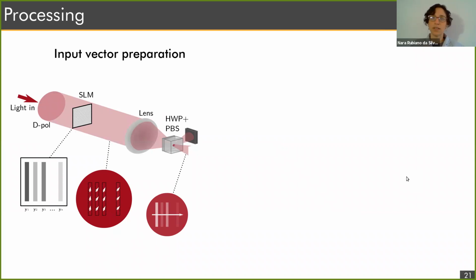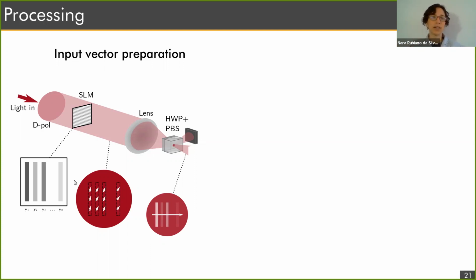The whole processing of our scheme will be shown in this slide, and I'll build it up slowly. First, we prepare a vector, which will correspond to our distances vector.